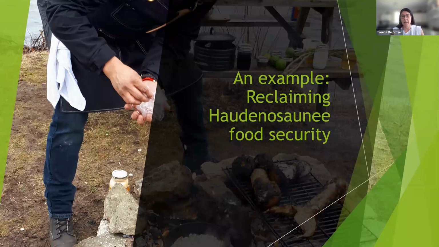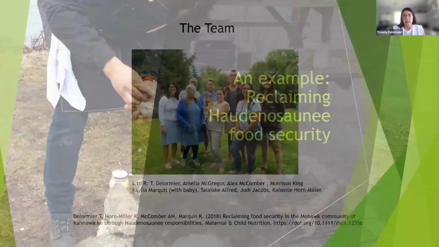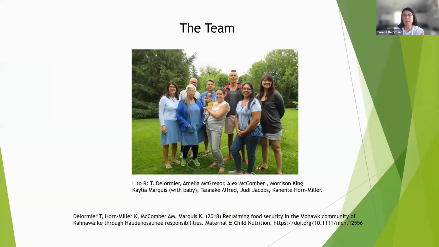So the study started to ask, how do we reclaim food security? The idea that everyone in the community would have enough food to keep them healthy. This project was part of TIFSAN, the Traditional Indigenous Food System and Nutrition Task Force of the IUNS. We had a project where we were looking at matrilineality, actually, and food systems.